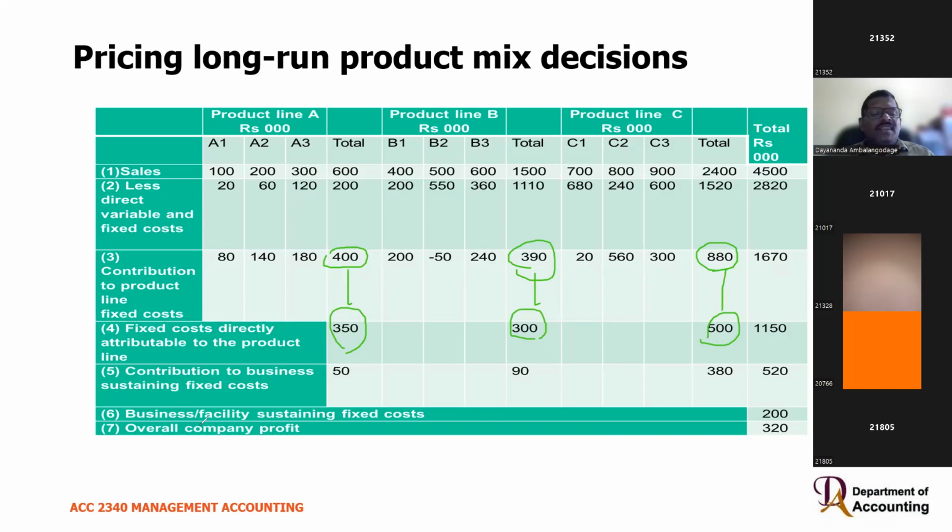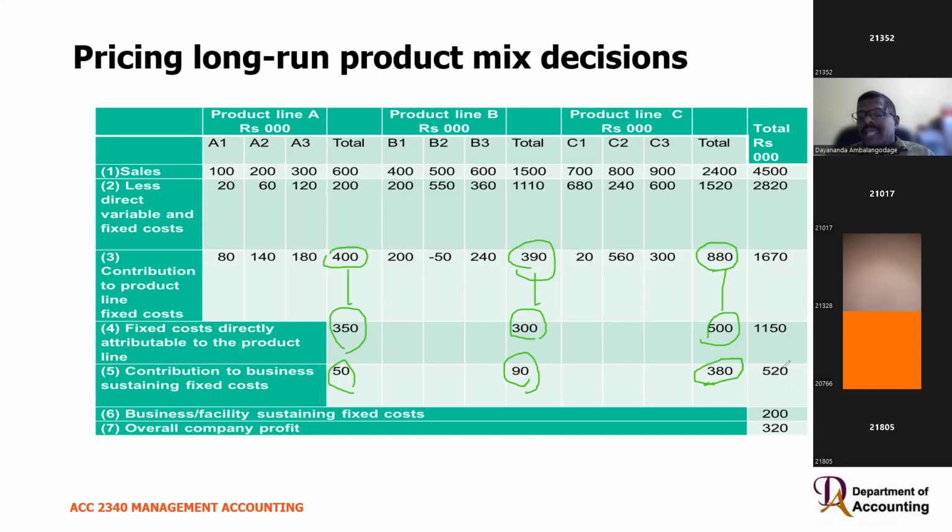So you will end up with the contribution to the business sustaining fixed cost. Product A line is sustaining by contributing 50 rupees profit to the business. Product B line is contributing 90 rupees, and product line C is contributing 300 to the business. Together the profit is so much. So this is the business contribution.